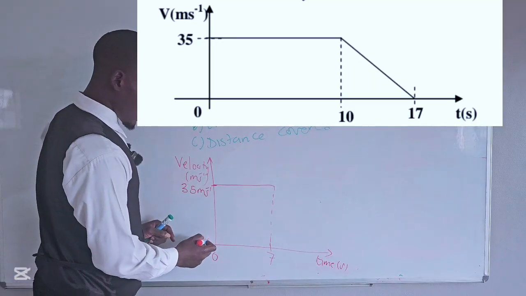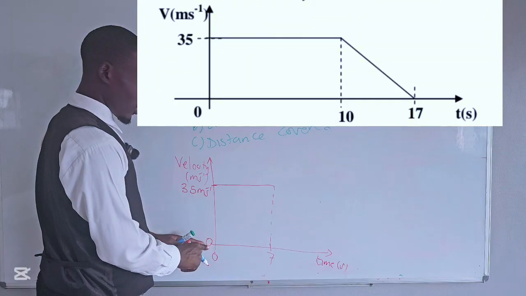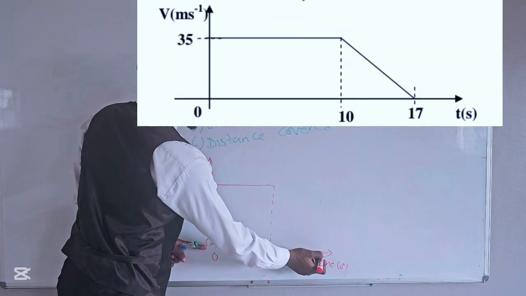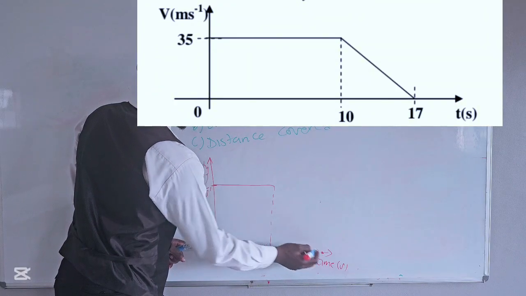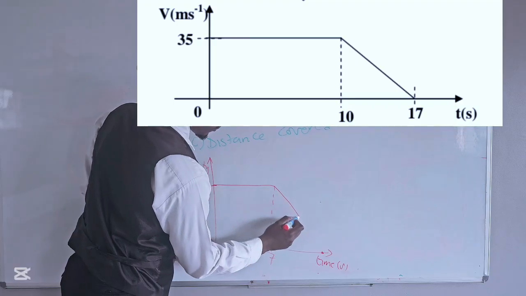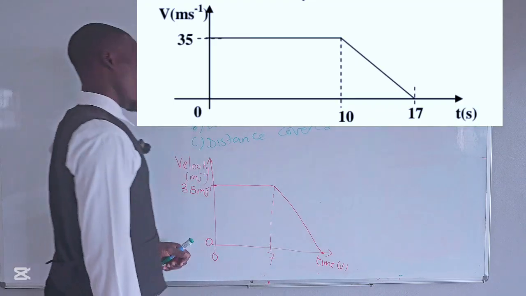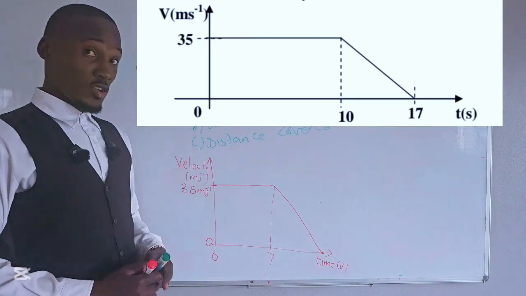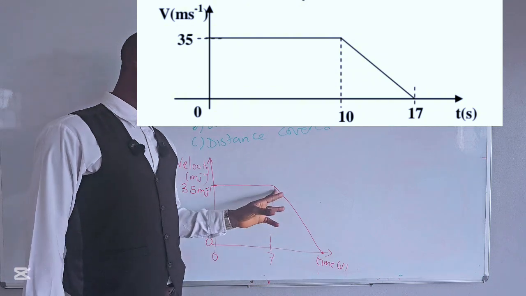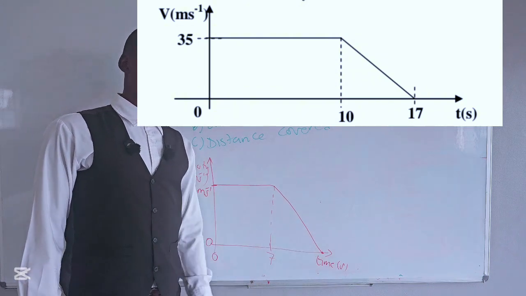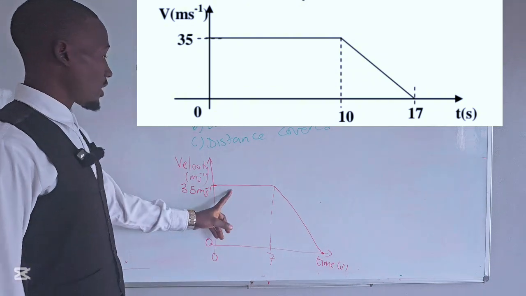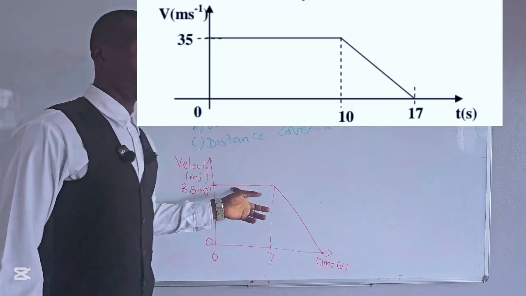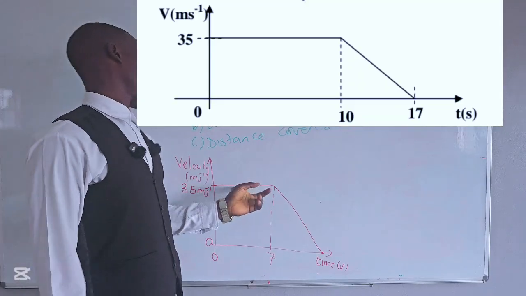So if this is the starting value, the velocity 0 is here on the velocity axis. You're going to decelerate your graph. Please make sure you're using a ruler because this is supposed to be a straight line. Even here, make sure you're using a ruler when you're sketching your graph.